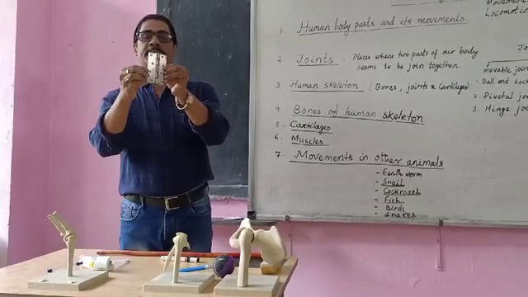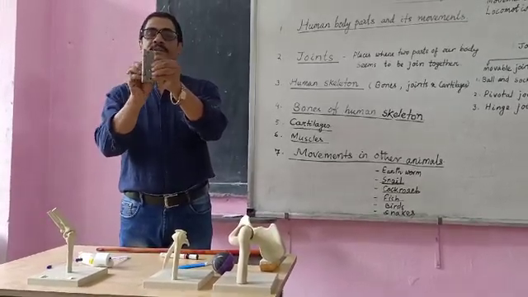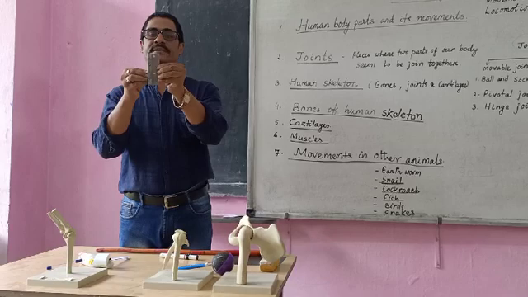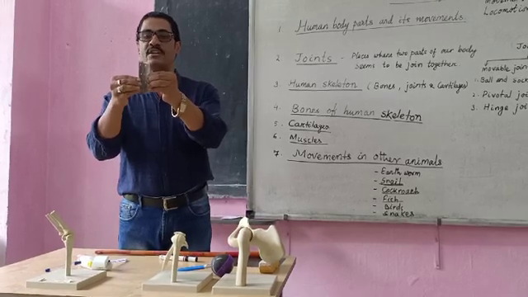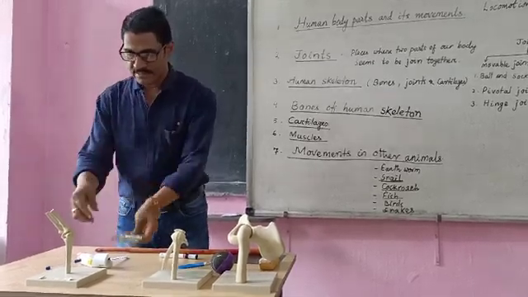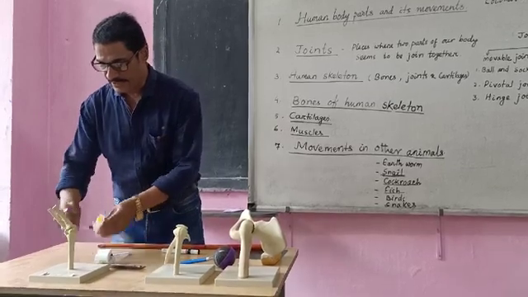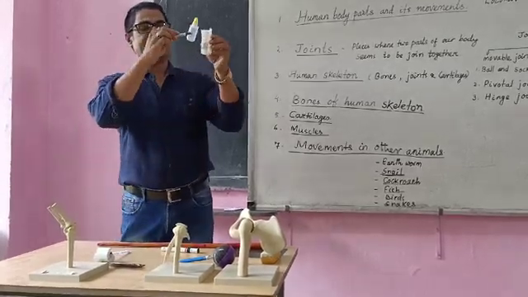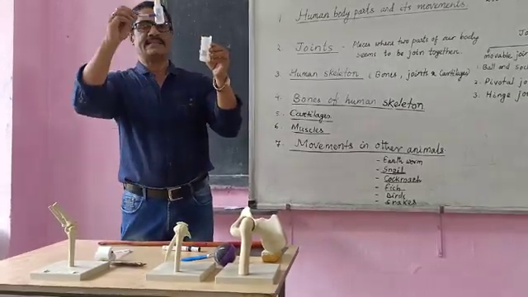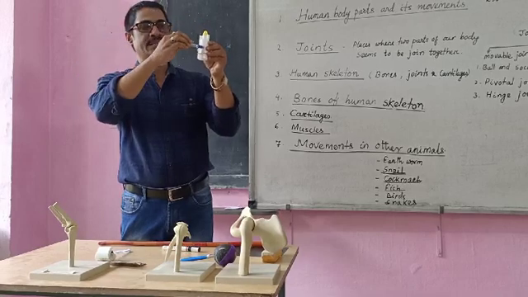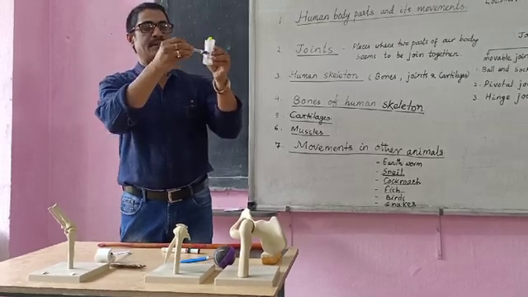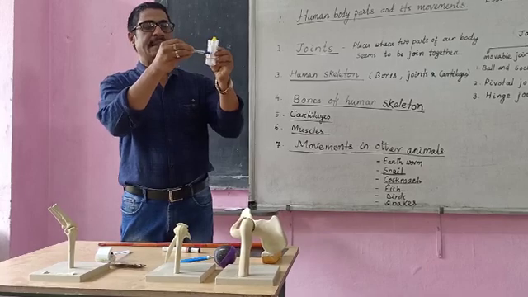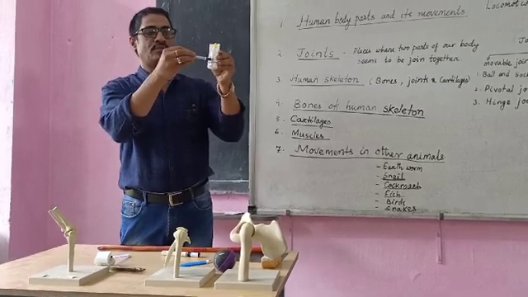It allows only back and forth movement in one direction. So this type of joint is called a hinge joint. And there is an activity showing how the hinge joint works. There is a cylindrical hollow space and there is a cylinder. When it fits into it, it allows only back and forth movement like the hinge of a door.